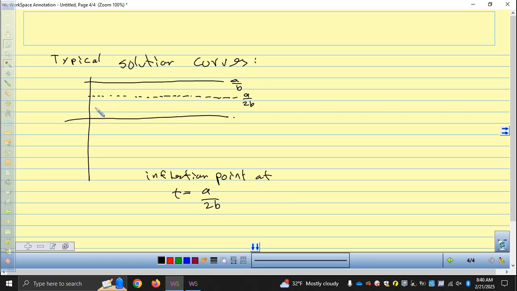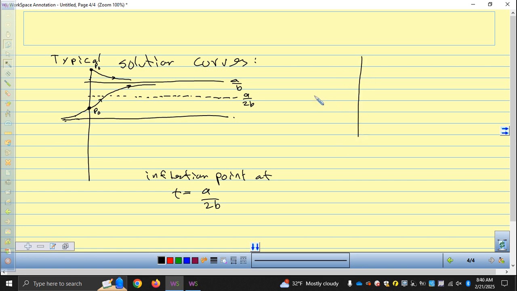So if our initial population is below A over 2B, our typical solution curve would look like this. And if we went backwards here, we approach 0. Like so. And if P0 is above A over B, our solution curve looks like this. A typical solution curve. This is P0 here, this would be P0 there.